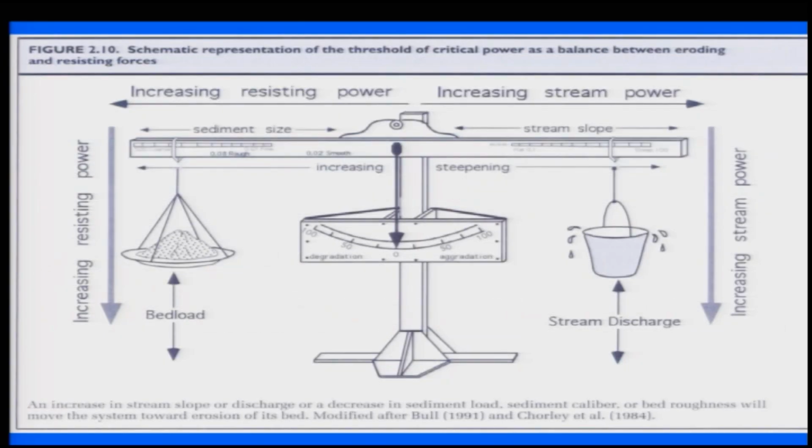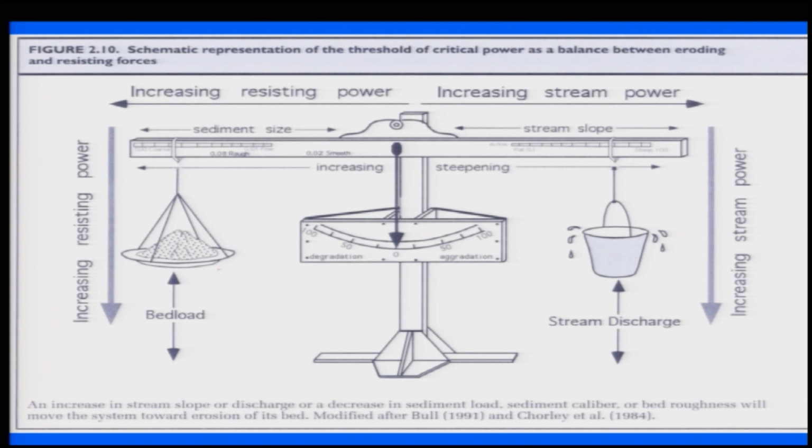Now coming to another important part, which is the base level change and the formation of river terraces, where the sediment supply will also play an important role. This schematic diagram represents the threshold of critical power, as well as a balance between erosion and resisting forces.